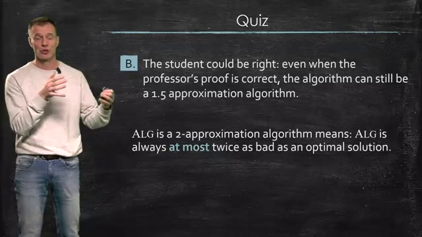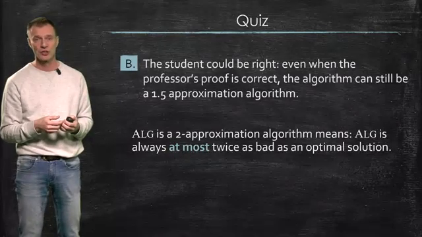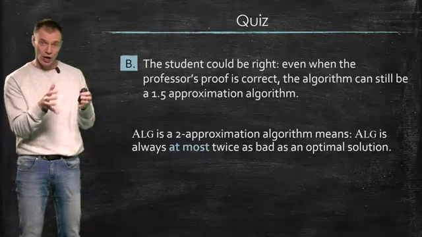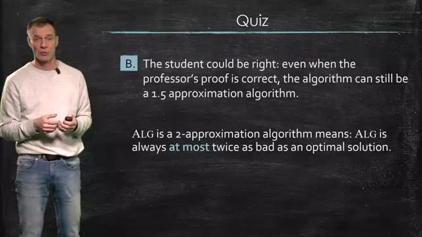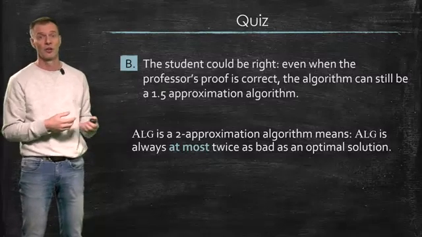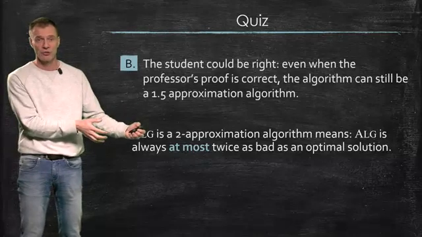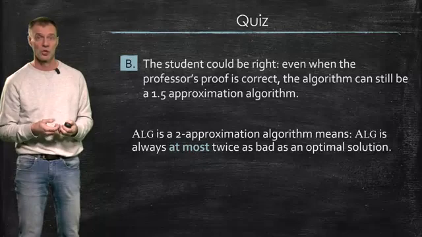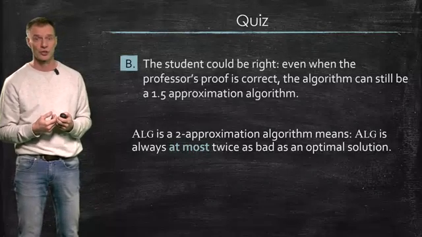So if it's a 2 approximation, then for any possible input instance, the value of the solution is at most 2 times the optimal value. If it's at most 2 times the optimal value, it could still be that it's always at most 1.5 times the optimal value. Because obviously if it's at most 1.5 times the optimal, it's also at most 2 times the optimal. So it's very well possible that both the student and the professor are right.